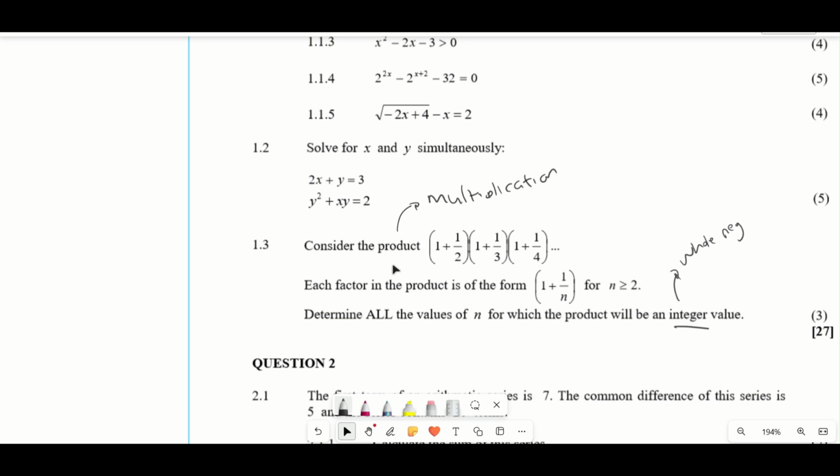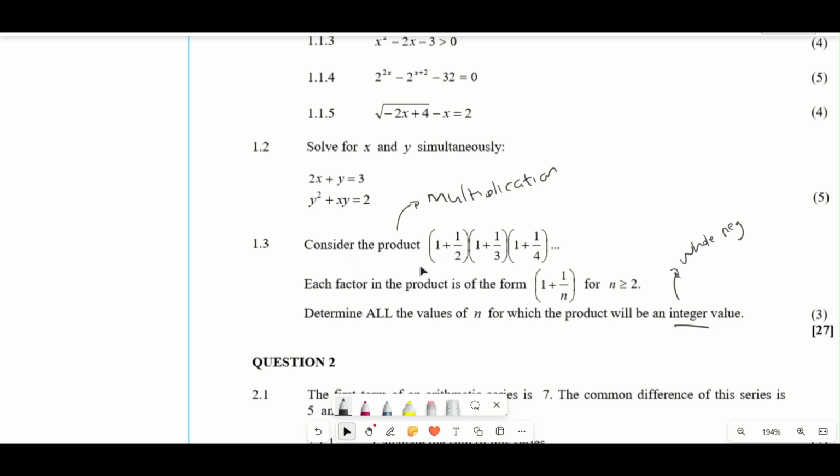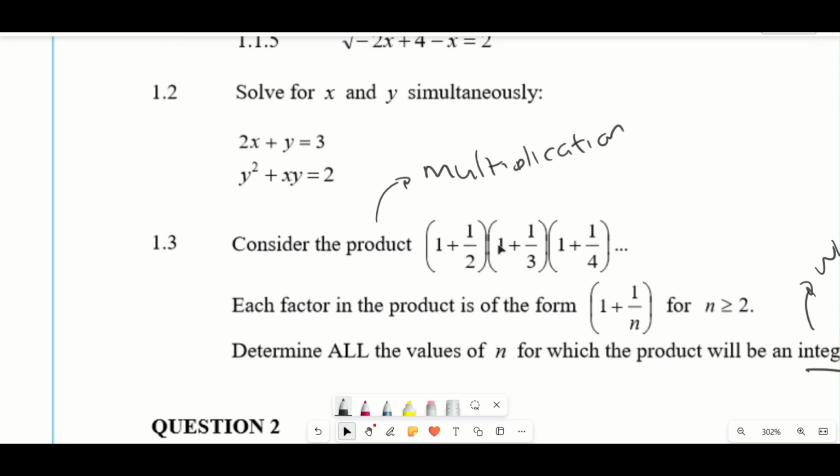Okay, so here they're saying consider the product: 1 plus a half, 1 plus 1 over 3, 1 plus 1 over 4, and so on. Of course, this is continuous, right?